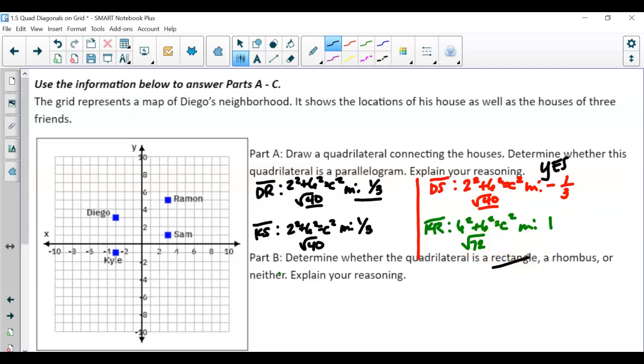No. For a rhombus, the diagonals are different, but they also have to show a 90-degree angle. Do we have that negative reciprocal here? No. So that's why this is a neither. So going back to the concepts of the diagonals, this is strictly just a parallelogram.